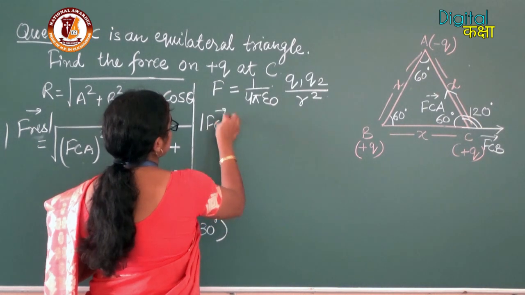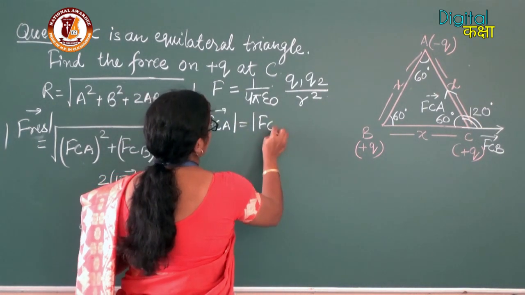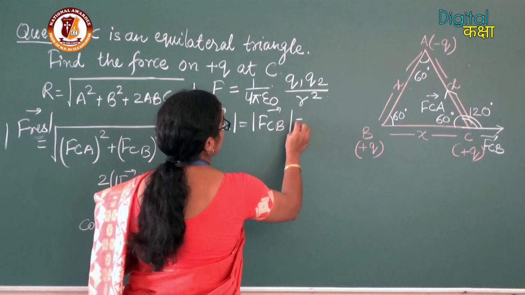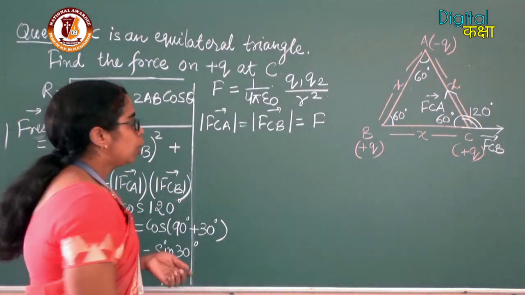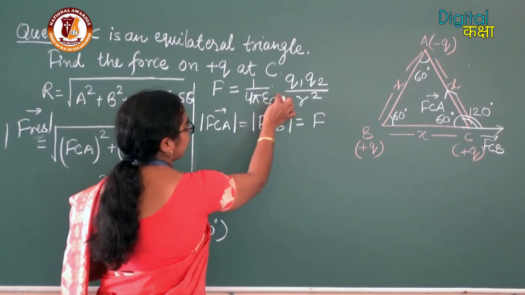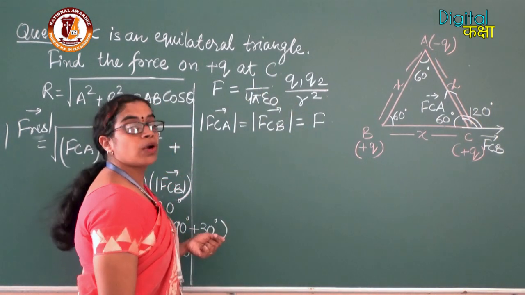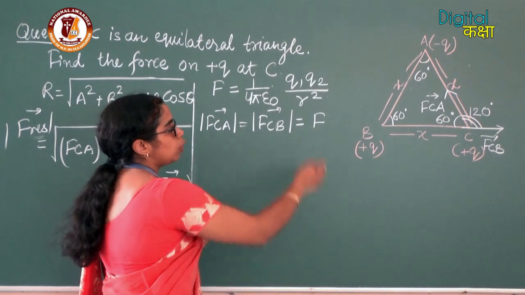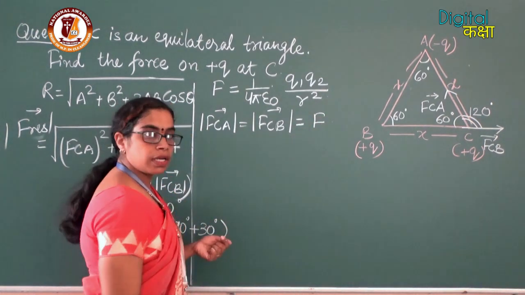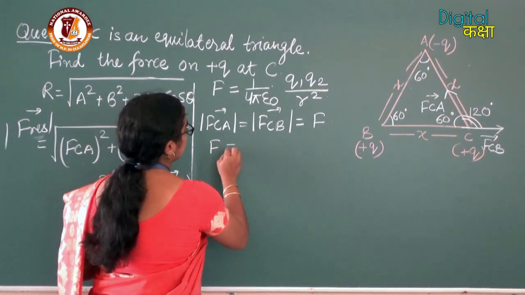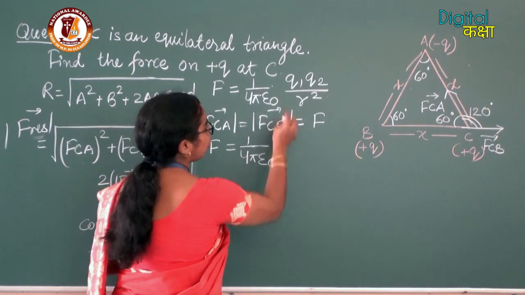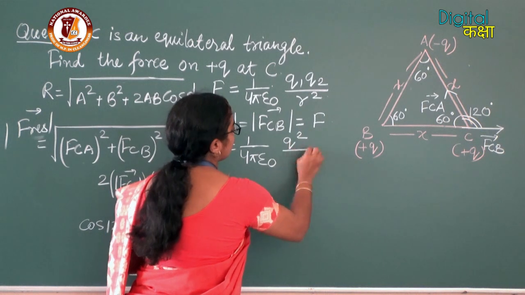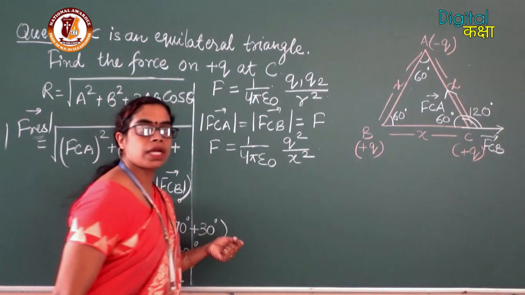For convenience, we can label these two vectors or their magnitudes as equal to F. So, the value of F using the formula for Coulomb's force applied in the given figure can be written as 1 upon 4 pi epsilon naught q square upon x square.